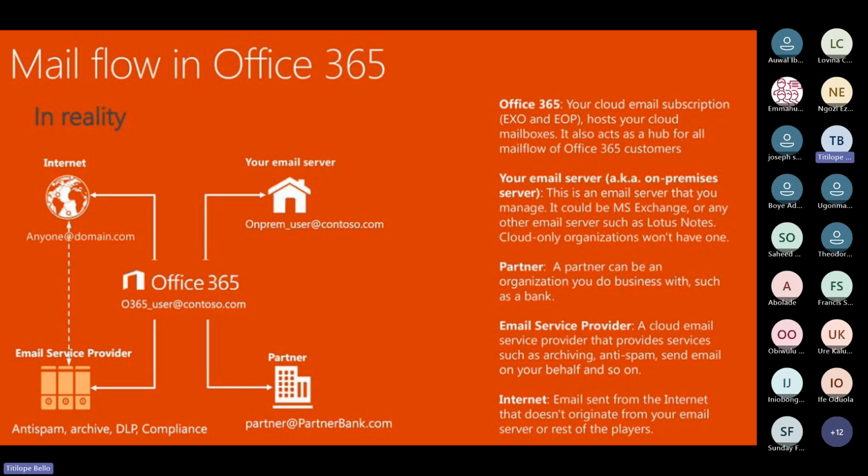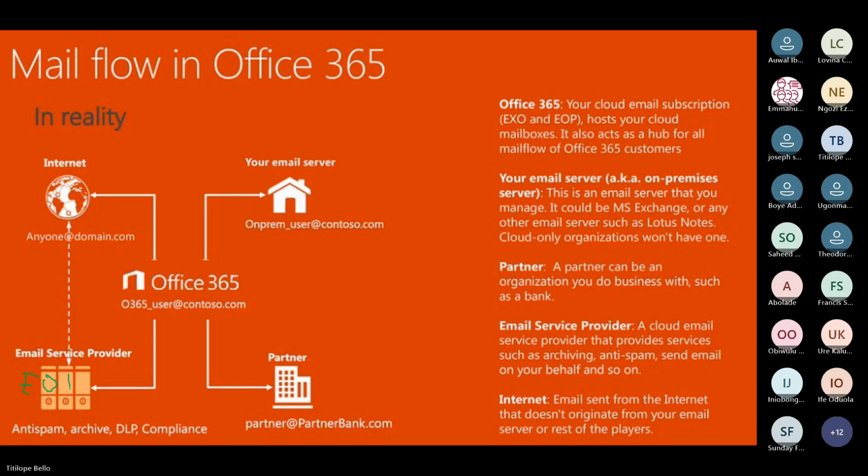In reality, a user sits on the internet and sends an email to Exchange Online. Now, Exchange Online receives the email and sends the email to services like EOP, your Exchange Online Protection.